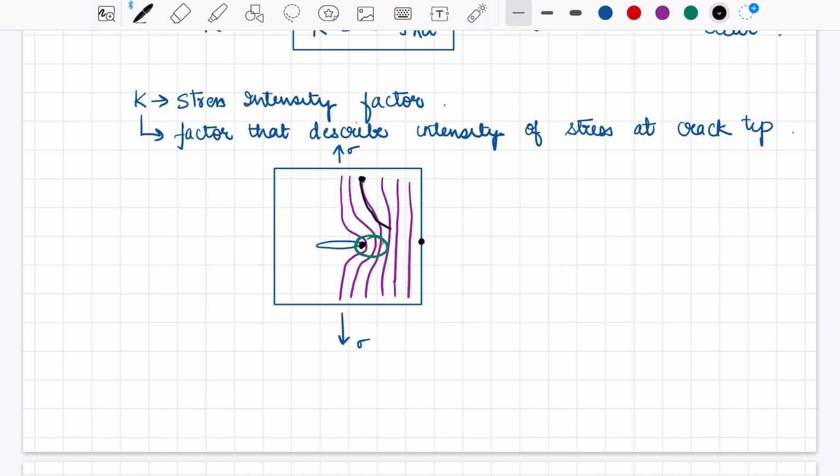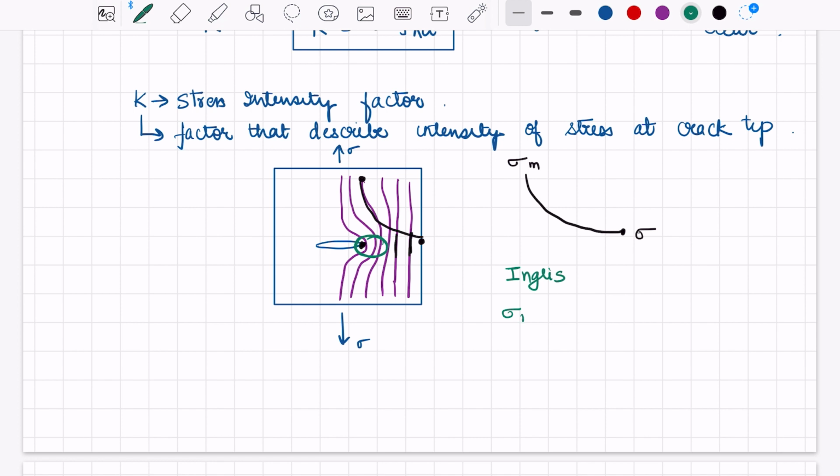So if we draw it, we can draw it in this manner, where at the crack tip sigma m is the stress value, and we can observe that there is uniform separation in the flow lines near the edge. So here the stress will be sigma.